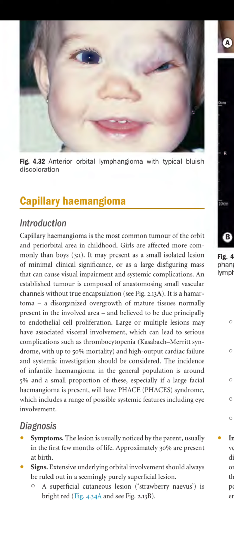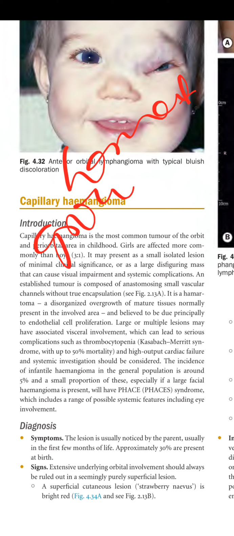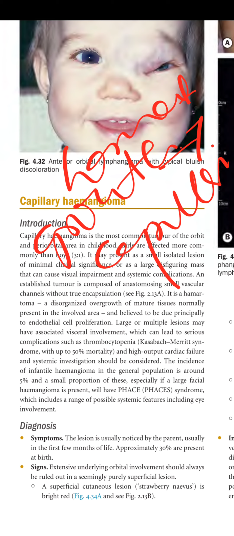So basically, the capillary hemangioma is also a hamartoma, which is basically the growth of a mature tissue in a normal location in an abnormal pattern. So basically, the capillaries which are present have an overgrowth in a case of a capillary hemangioma.